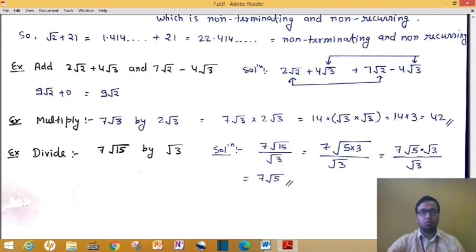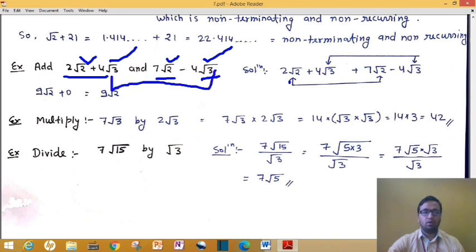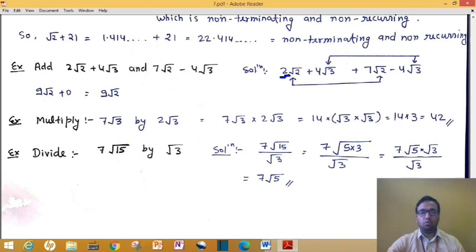The terms with root 2 can be solved together, and 4 root 3 and minus 4 root 3, in which the square root is common, can be solved together. So we write 2 root 2 and 7 root 2 together, and 4 root 3 and minus 4 root 3 together. These will cancel each other and our answer will be 9 root 2.